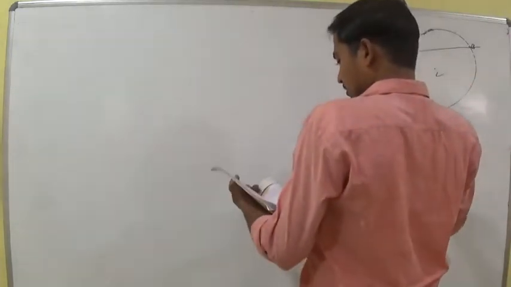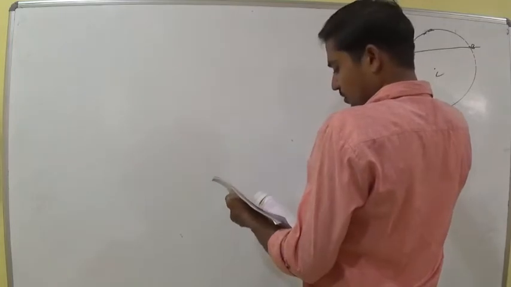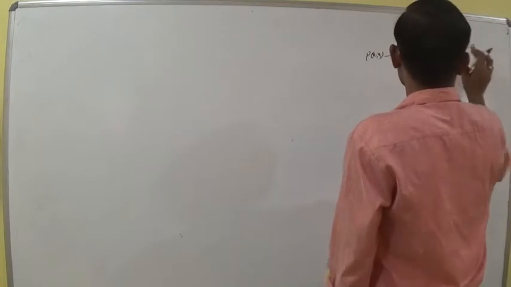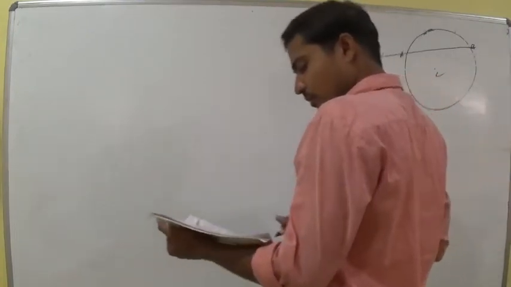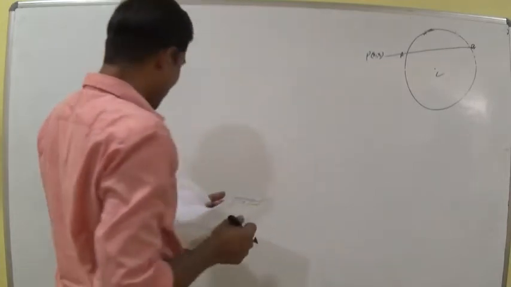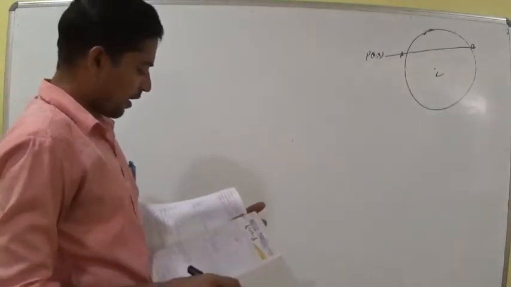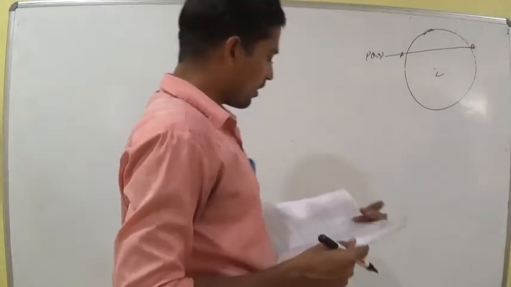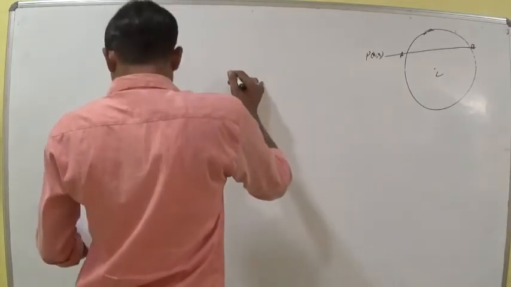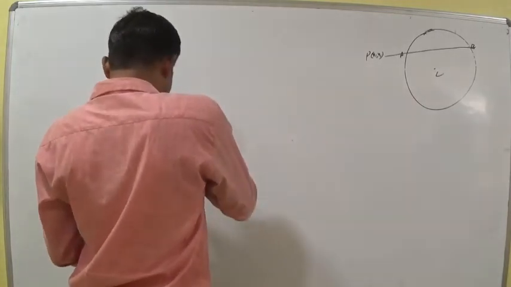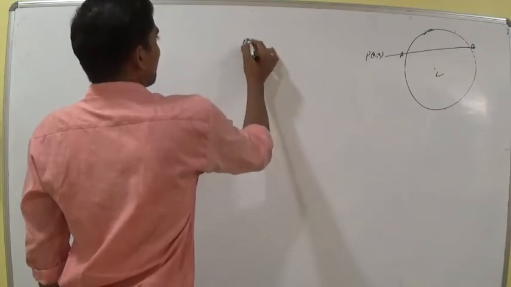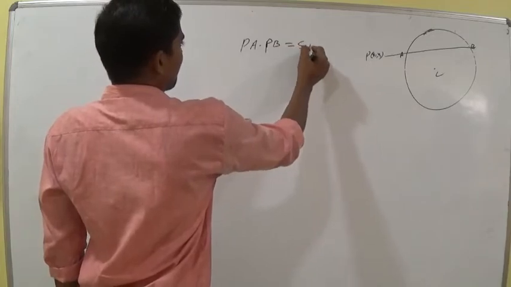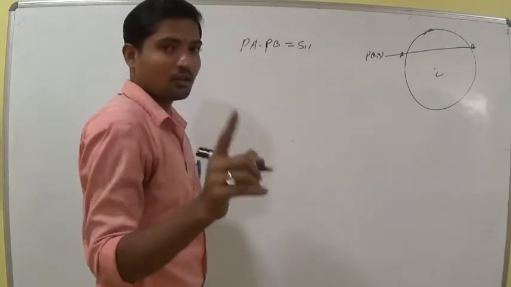Let's suppose P is (x1, y1). The theorem is: if a secant through a point P meets a circle at A and B, then the power of the point P is given by PA·PB = S11. I mean to say PA into PB is equal to S11.